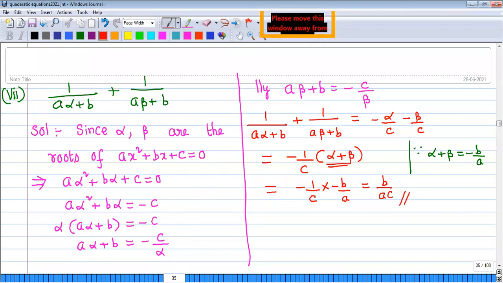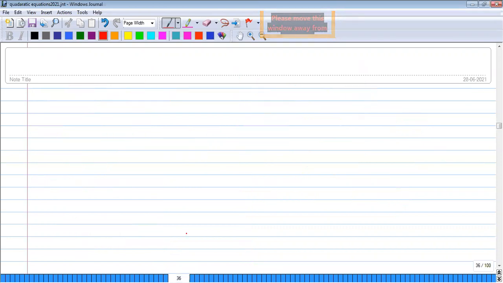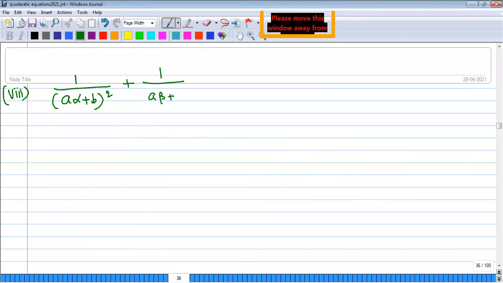I think the last question of yesterday's problem, the eighth question, that is 1 upon A alpha plus B whole square plus 1 upon A beta plus B whole square.